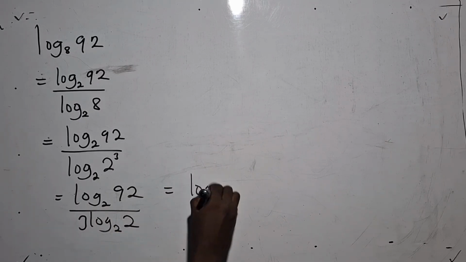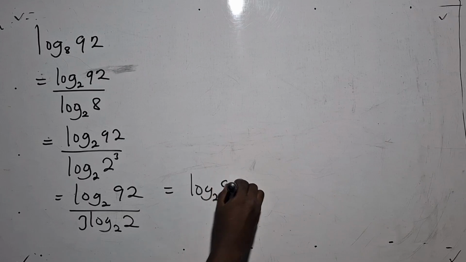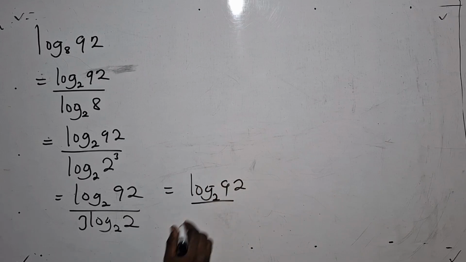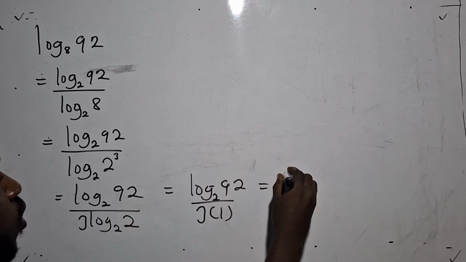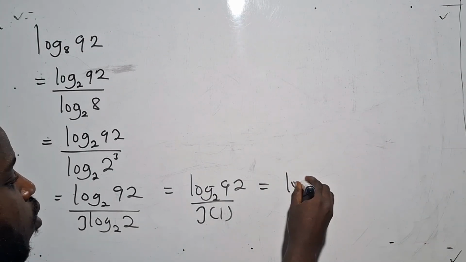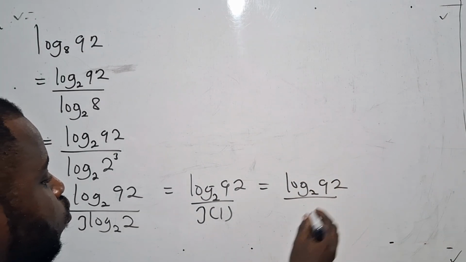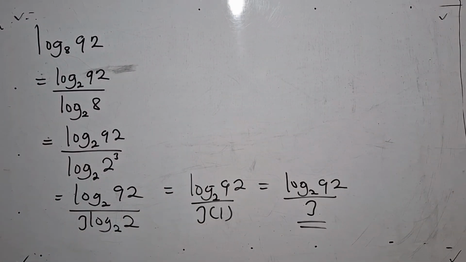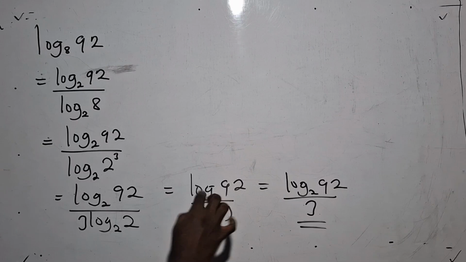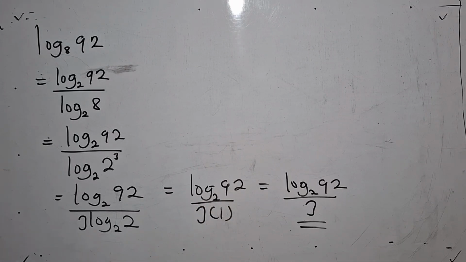So I'm going to have log to the base 2 of 92 all over 3 times 1, log to the base of itself. So this one is going to give me log base 2 of 92 all over 3. Yes, I maintain the 92 because I can't express the 92 in power of 2. But the down one, I can express it as power of 2.